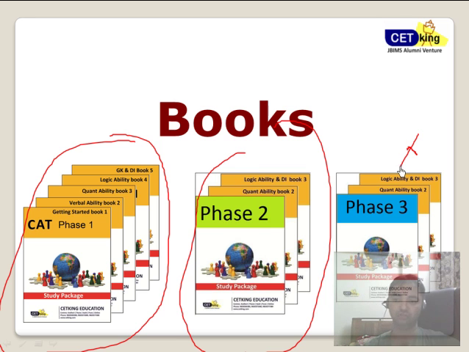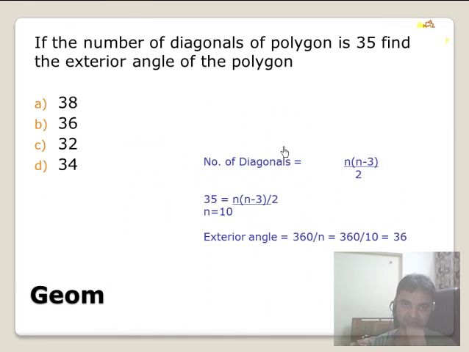Phase 3 is for non-CAT exams, which I'm going to introduce after the CAT exam for SNAP, MAT and CMAT. Fine. So phase 1 and phase 2 books are more than sufficient. Your green books have all the actual CAT papers, so please go through them. Nothing can be a better question than the actual question itself, so please don't miss out on these.